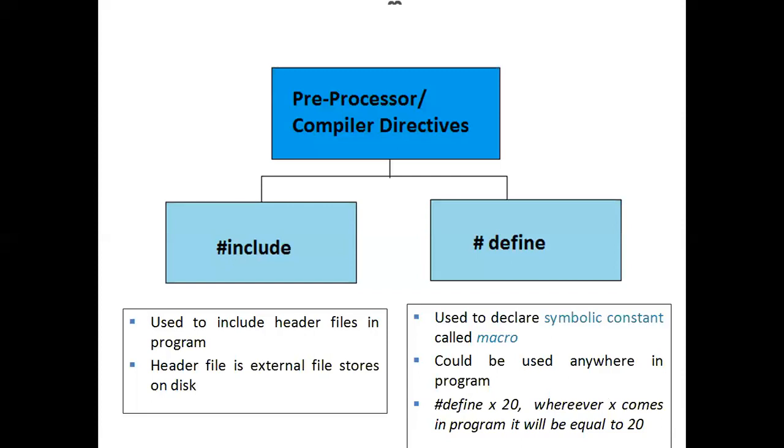For example, you can write hash define x 20. This means that x is a symbolic constant. Now x becomes a symbol representing the constant 20, and x is called a macro. Wherever x comes in the program, it will be equal to 20. So this is hash define.